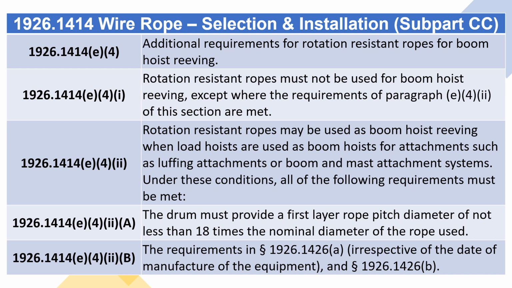1926.1414(e)(4)(ii)(A) through (G). The drum must provide a first layer rope pitch diameter of not less than 18 times the nominal diameter of the rope used. The requirements in Section 1926.1426(a), irrespective of the date of manufacture of the equipment, and Section 1926.1426(b).